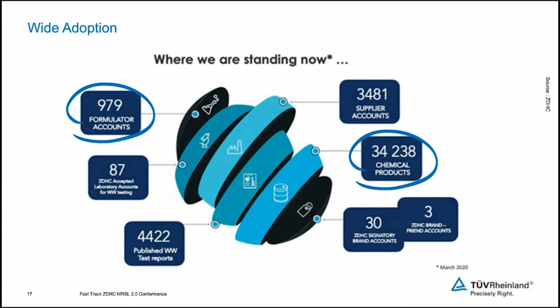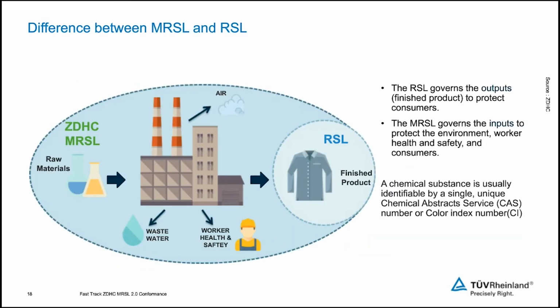In case you're not familiar with MRSL and RSL, RSL is sometimes also called PRSL, which is the Product Restricted Substances List. I would like to take a short look at this too. Sometimes you will hear the phrase clean input, clean output. So no restricted chemical goes in, which means no restricted chemical goes out.